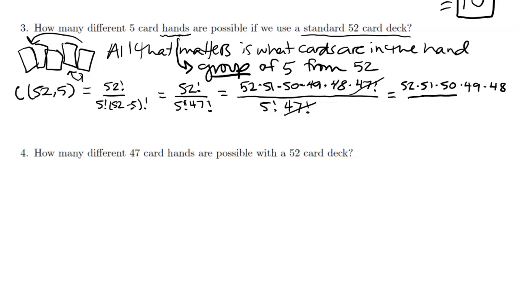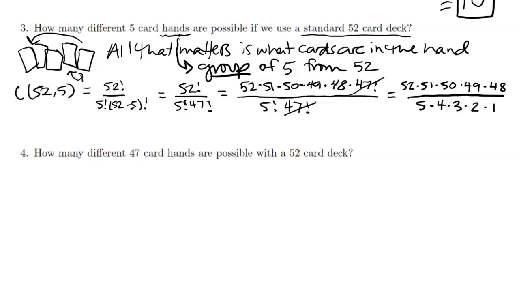And on the bottom is 5 factorial, which is 5 times 4 times 3 times 2 times 1. Now a helpful hint for when you're computing these combinations is notice how many numbers are on the top and the bottom. On the top we've got 1, 2, 3, 4, 5, and on the bottom I've got 1, 2, 3, 4, 5. You should always have the same number of numbers in the 2 spots if you did your simplification correctly.